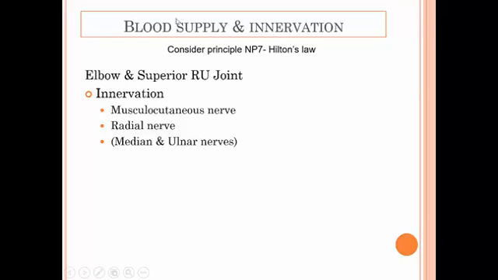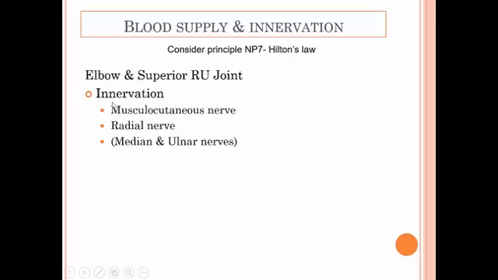So now we'll look at the blood supply and innervation of both the elbow and superior radioulnar joints. And considering our principle NP7, or Hilton's law essentially, if a nerve is innervating the muscles that are acting at the joint, the nerve will also innervate the structures around that joint.